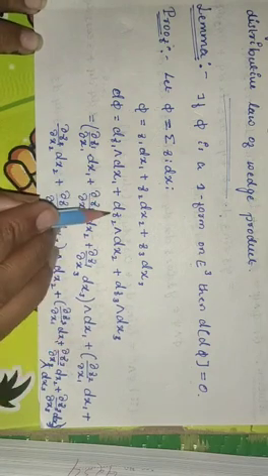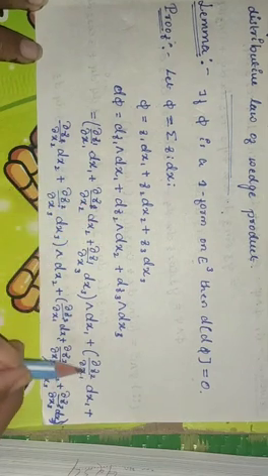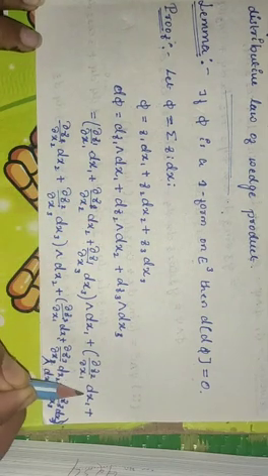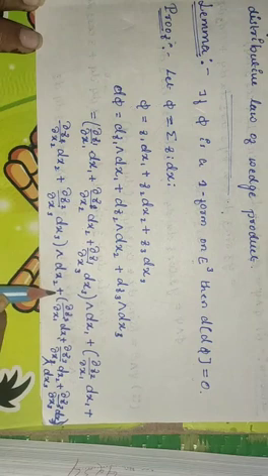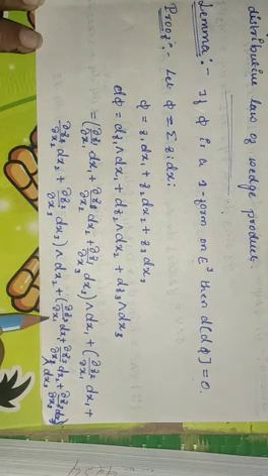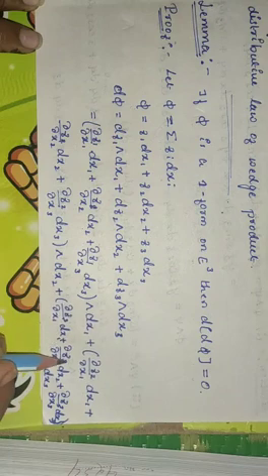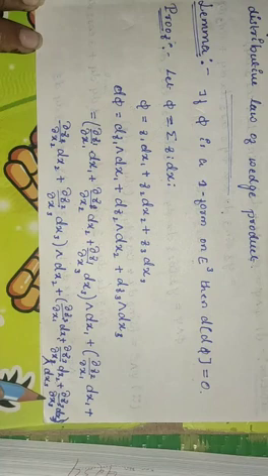Plus similarly we expand df2: del f2 by del x1 dx1 plus del f2 by del x2 dx2 plus del f2 by del x3 dx3, wedge dx2. Plus similarly this term can be written as del f3 by del x1 dx1 plus del f3 by del x2 dx2 plus del f3 by del x3 dx3, wedge dx3.